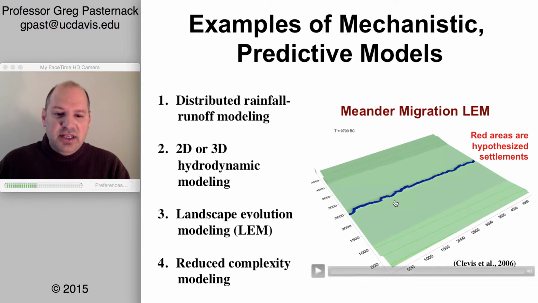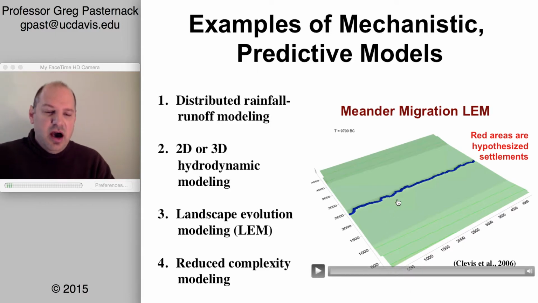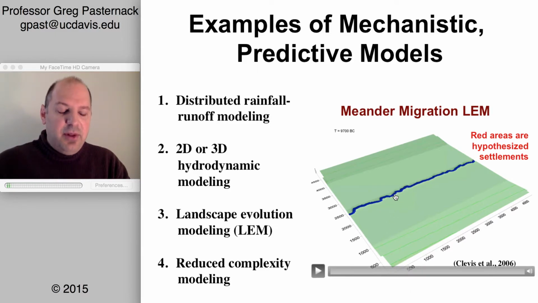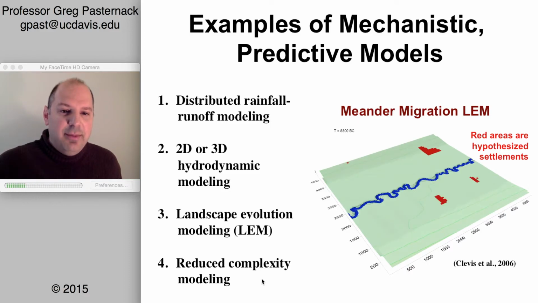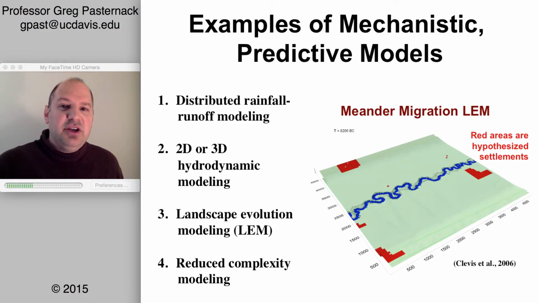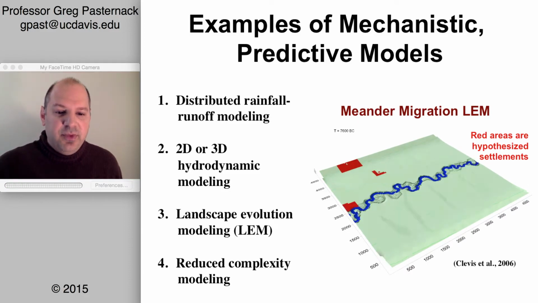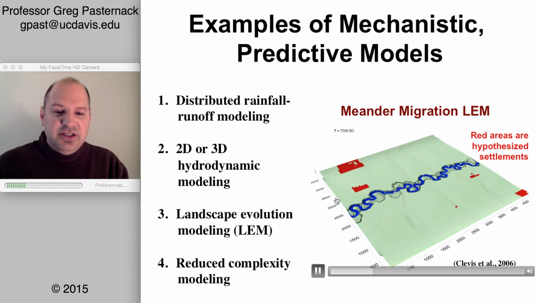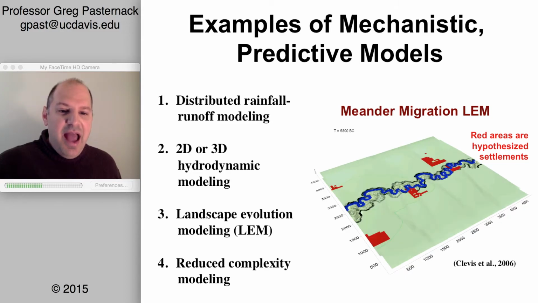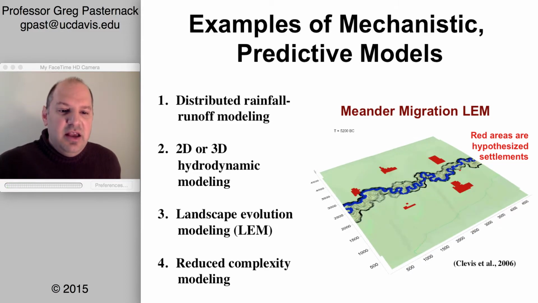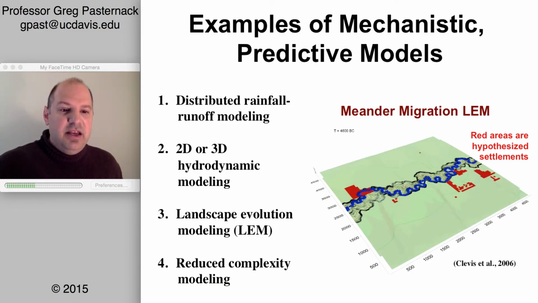Let me show you an example of a predictive model. Here's a river in a floodplain, and here's a model that predicts or really simulates how it would be migrating through time. It's called the Meander Migration Landscape Evolution Model. Don't worry about the red blotches, that's a whole other thing. But what you can see is that we have the ability to try to simulate behavior of rivers in many different ways.